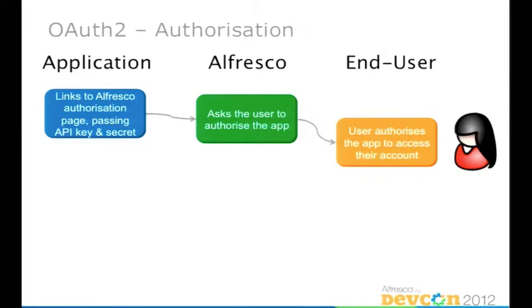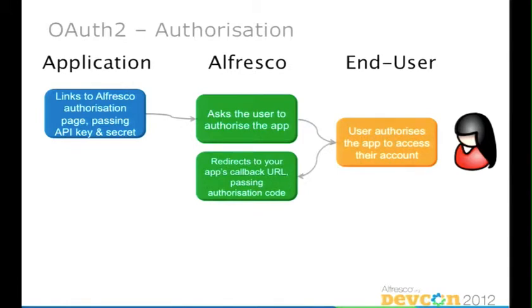So over on the right, we see that the user has actually authorized the app to access their cloud account. Again, an important point here is nowhere did that user enter their password into your app. Your app never knows what that password is. It never sees it. So the user enters or confirms their details and they approve your application. We then redirect back to your app and we pass through this thing called an authorization code.